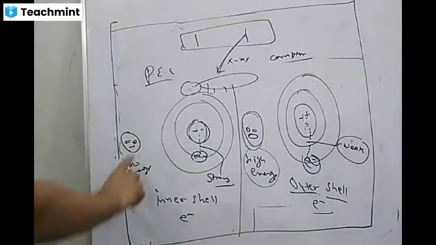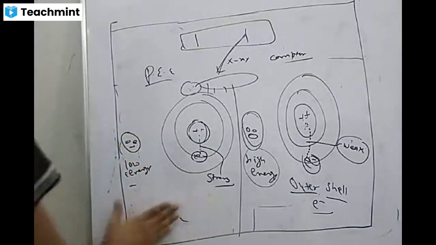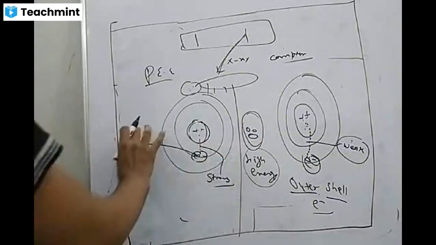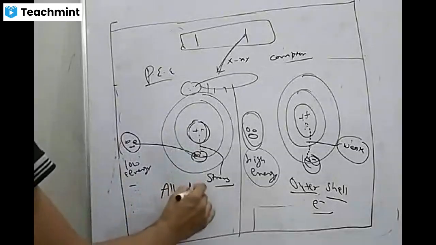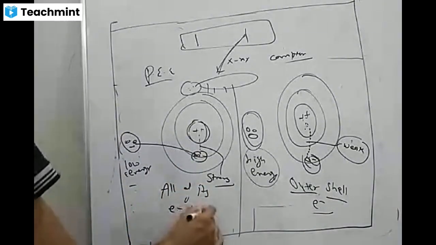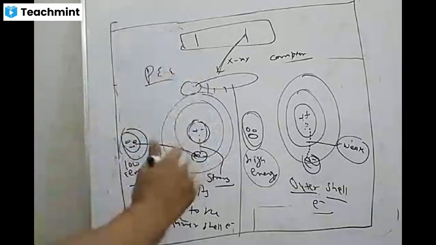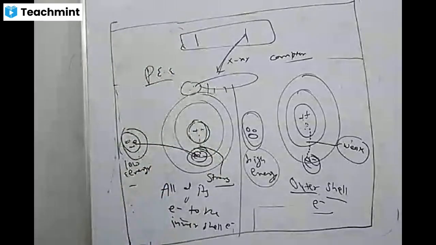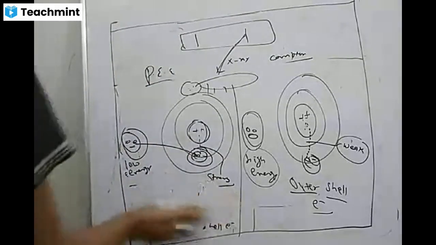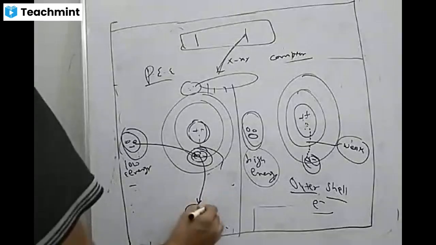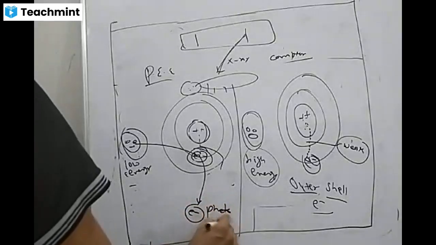But our photon is of low energy, so what happens? This low energy photon will strike here and give all of its energy to the inner shell electron. Whatever energy this photon has, all the energy is transferred to the inner shell electron. By using this energy, this inner shell electron will come out. We call this a photoelectron.